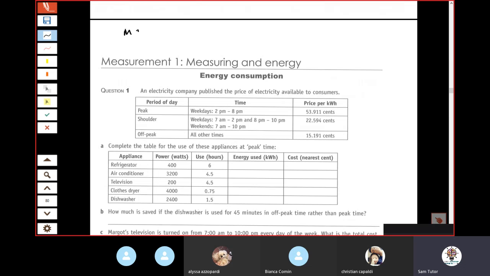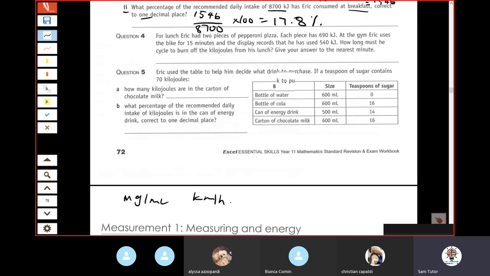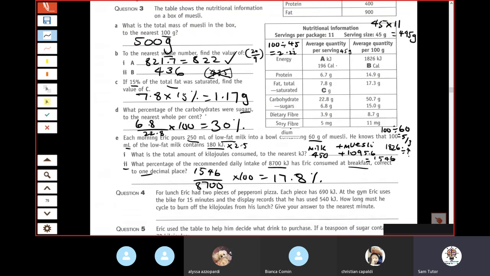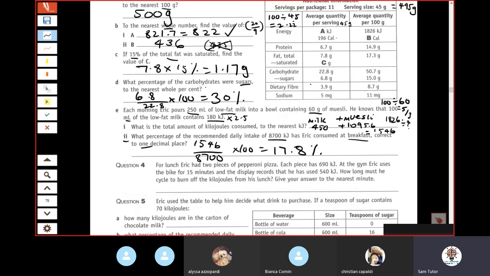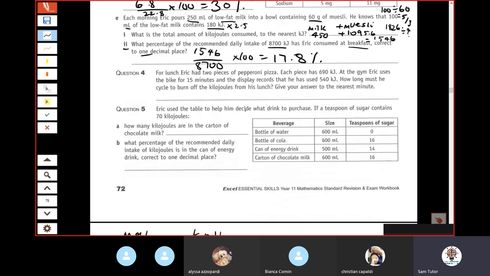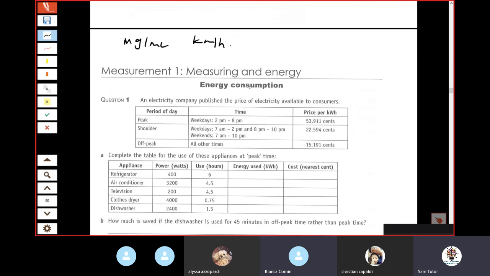Normal rates are milligrams per milliliters, like we saw in medicine, or kilometers per hour, we saw that with braking distance. We just did kilojoules and calories and stuff, per average quantity per gram, so converting milligrams into grams and whatnot.